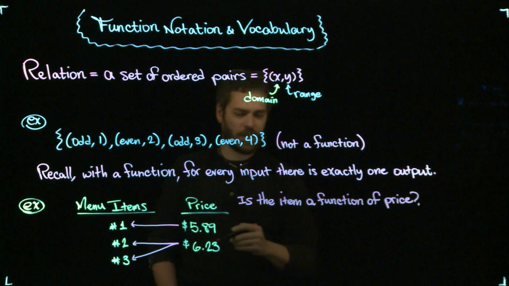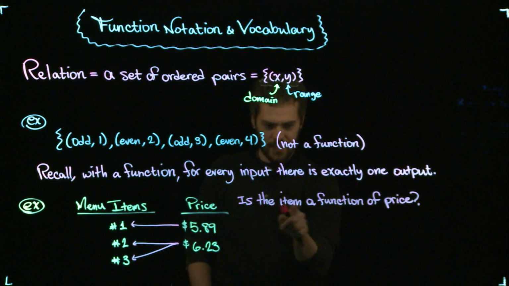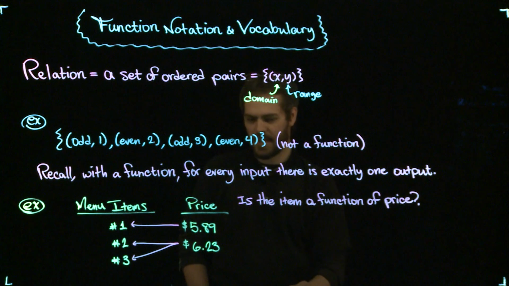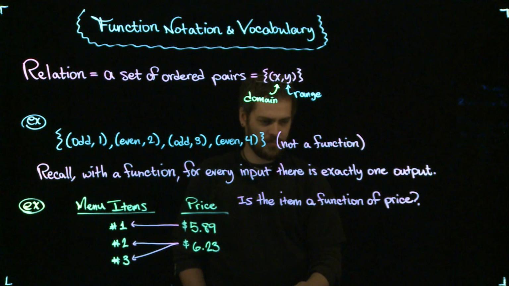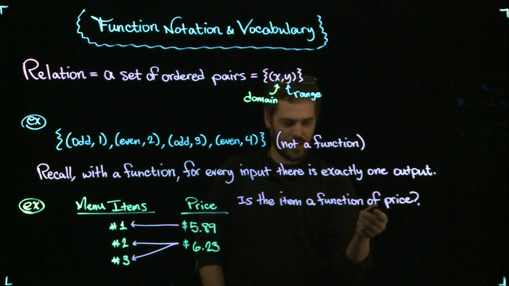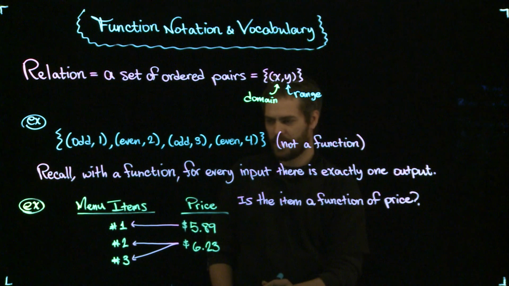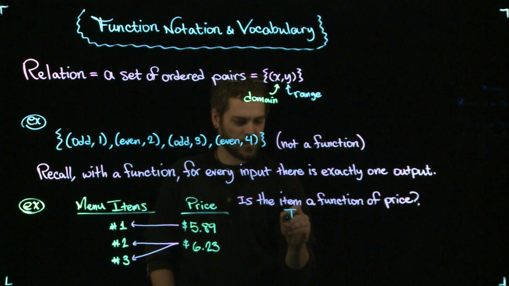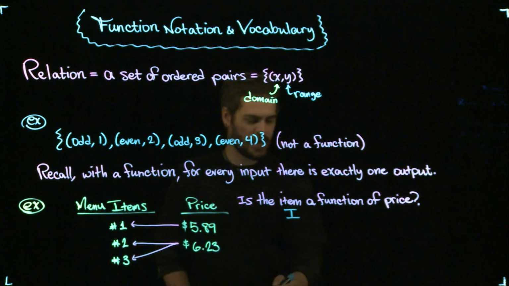And by asking that question, I'm indicating within this little sentence here, this question, what is the input and what is the output? So the output is going to be our item and the input is going to be the price. So if I use I for item, let's say, let this be my function notation, I for item.